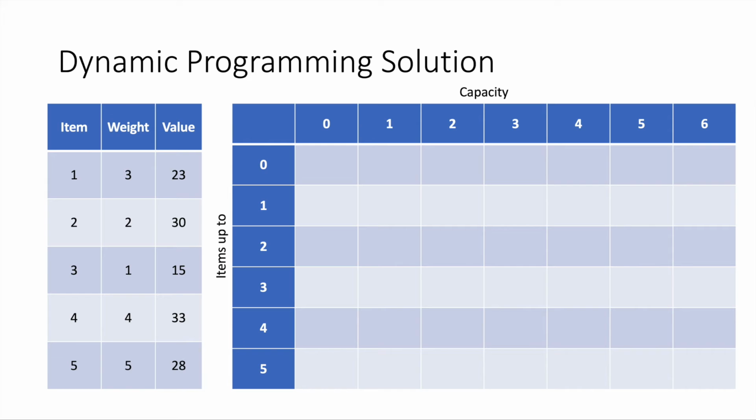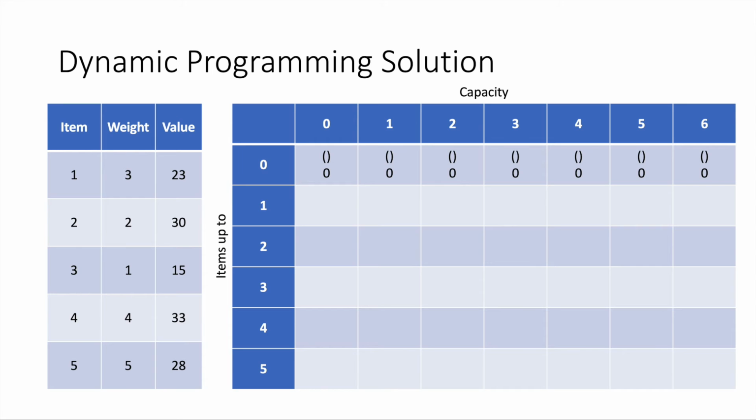The goal is to fill up the bottom rightmost square that includes all 5 items and is for the maximum capacity we're considering, 6. The first step is to fill up the row for up to 0 items, as the value of all of these will be 0 and they'll all contain no items.